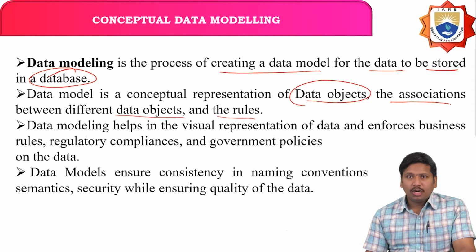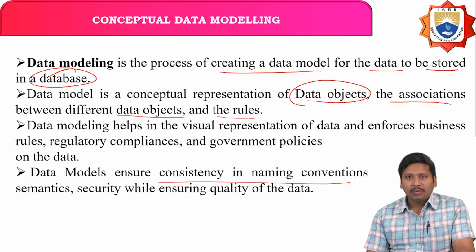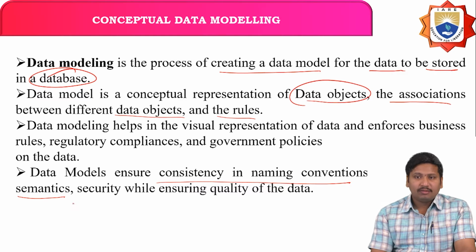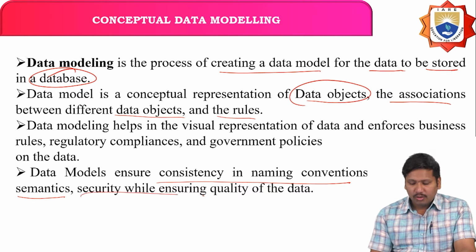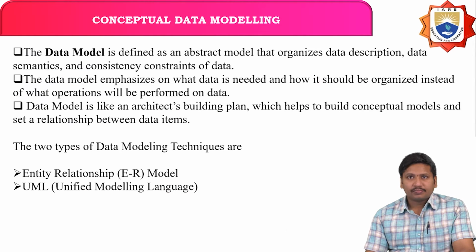And this data modeling should also help in the visual representation of the data, and ensure the business rules, regulatory compliances and government policies on the data. And these data models can also ensure consistency in the naming conventions, as well as the semantics and security, while ensuring the quality of the data.